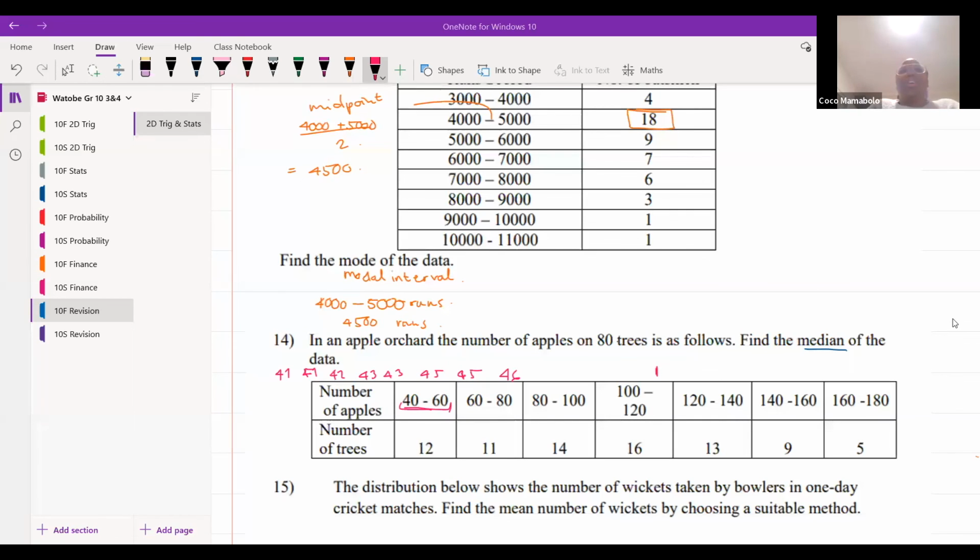Excellent, good. So from the 13th value, the next 11 numbers will be between 60 and 80. So I would have 61, and then 63, and then 63 again, and 64, and then 70, and then 71, and then 71 again. 11 of those numbers will be between 60 and 80, right?